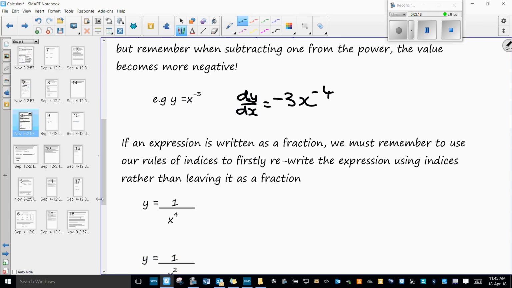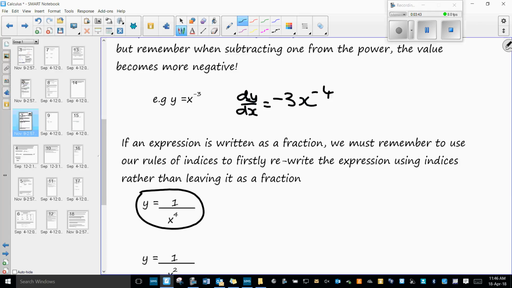Now, linked to this is our work that we did on powers early on in the year. We have to remember weeks back. If you have an expression that looks like this, or if any of the terms are in fraction form, you can all see this is in fraction form. We have to change that term so it's not in fraction form and it's in power form.